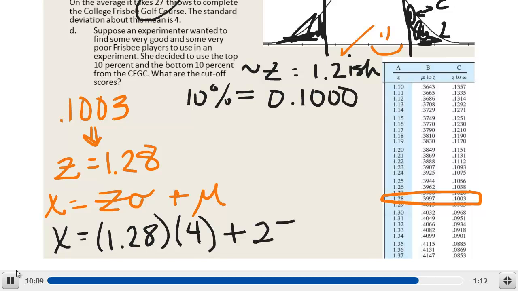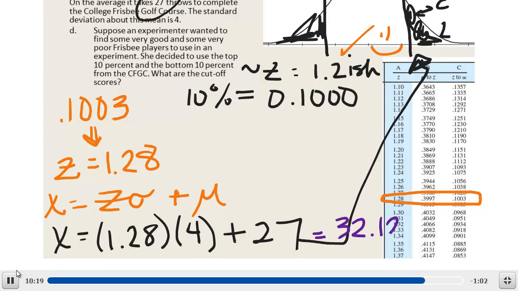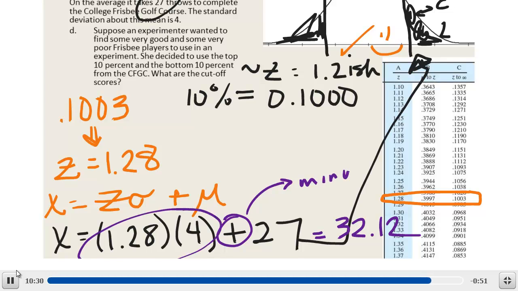If we solve for that, it'll give us the actual cutoff score for, in this case, the worst Frisbee golfers, because a lower score means that you're good and a higher score means that you're bad, or just not as good. Probably better than me. So anyway, the cutoff score appears to be 32.12, and since there are no proportions, we'll just say 32.